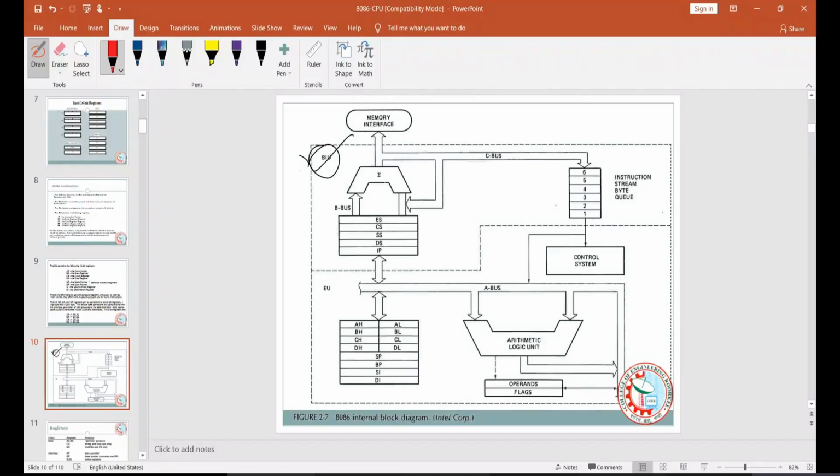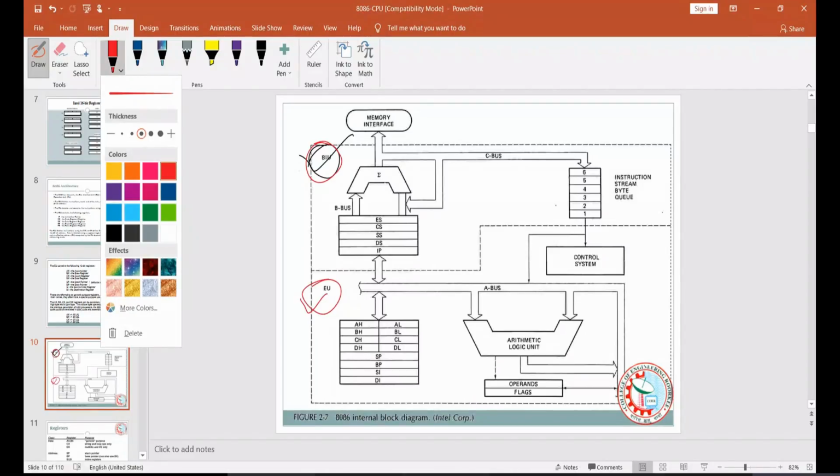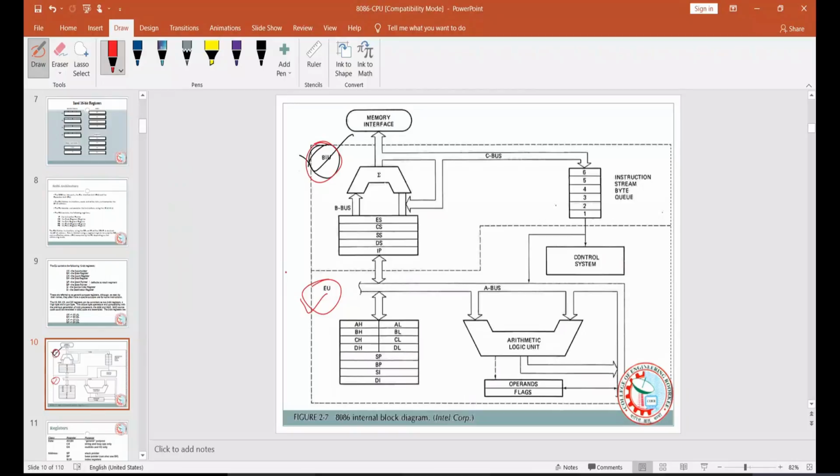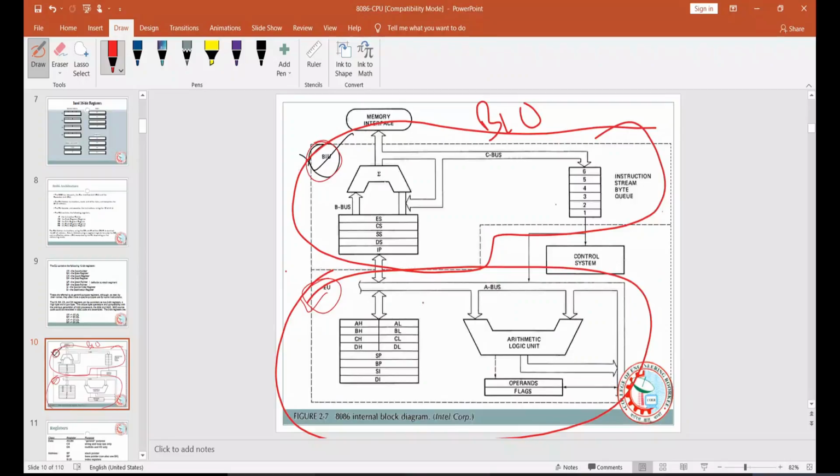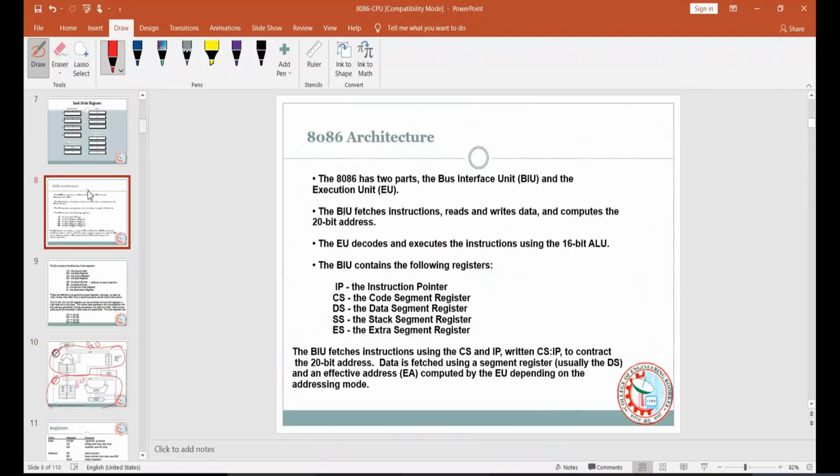You can see written over here, and this particular section is called EU. Okay, so what we know here is that in total you now have two sections. This particular section belongs to BIU and this particular section belongs to EU. Fine. Now what are the jobs of BIU and EU?